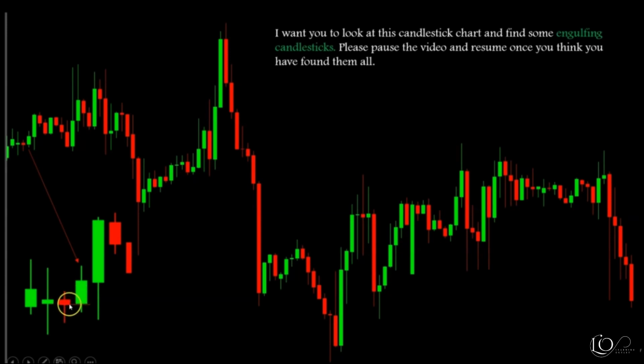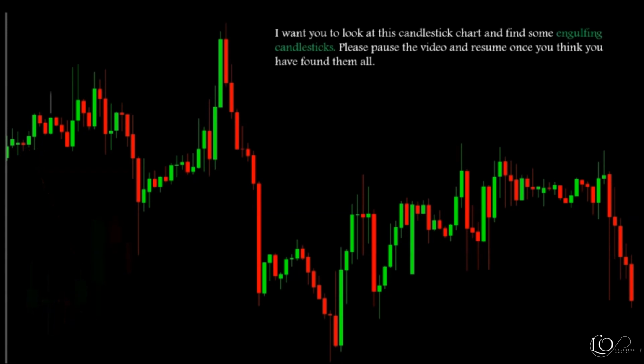The closing price of this is lower than the opening price of the next candle. So this candle here is not completely engulfing the body of the previous candle. So this may seem like an engulfing pattern, and the end result is that yes, prices did go up, but it doesn't fall under the engulfing pattern criteria.